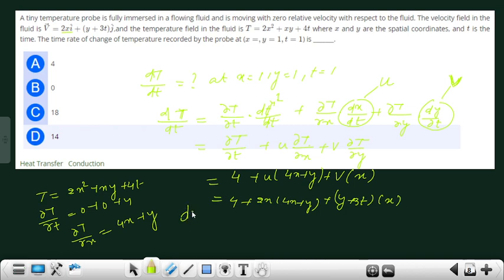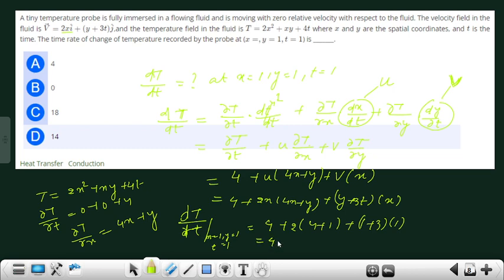the dT by dt at x is equal to 1, y is equal to 1 and t is equal to 1, we get 2 into 1, that is 2, into 4 plus 1, plus y is equal to 1 plus 3 into 1, into 1.